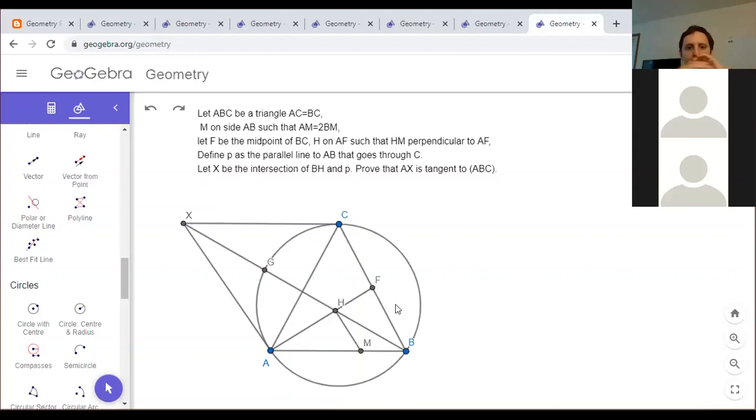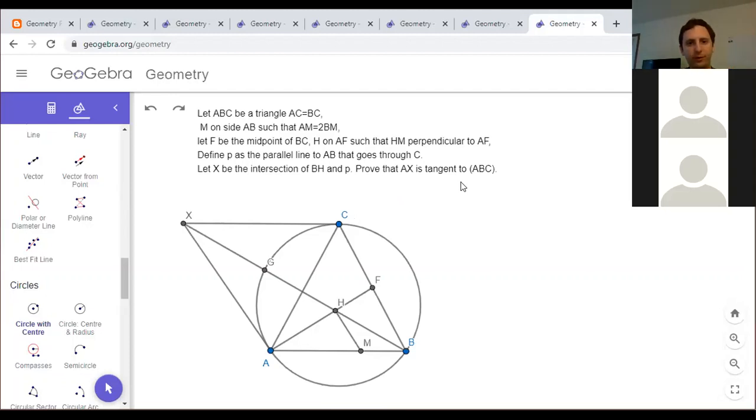So yeah, I think we don't need X here. We just want to show that these angles are equal. I think we can show XAHC is cyclic. Well, how do we know that actually? Yeah, write out some of what you were thinking in the chat.